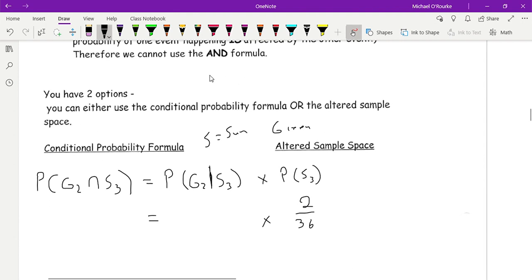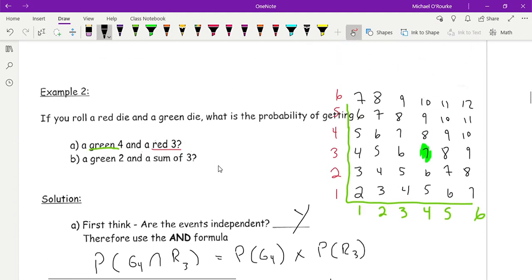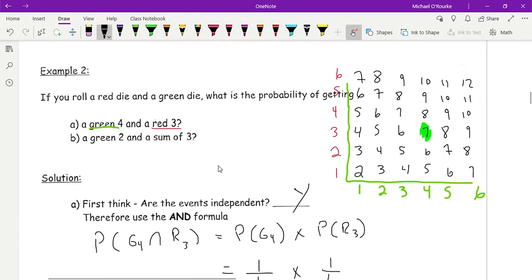What's the probability of having a sum of 3 given a green 2? 1 over 2, right? Because we have 2 sums of 3 here, correct? How many have a green 2? Just this one.